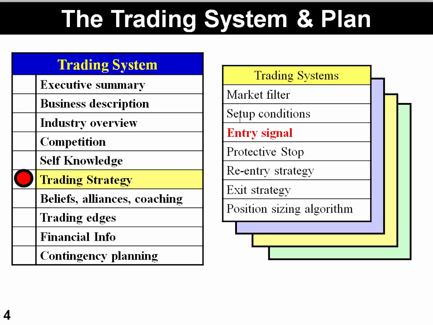We have spent time talking our way through trading systems, and we know that most people like to look at the entry signal, but these other pieces of each individual trading system are at least as important, if not more important, than the entry signal itself.